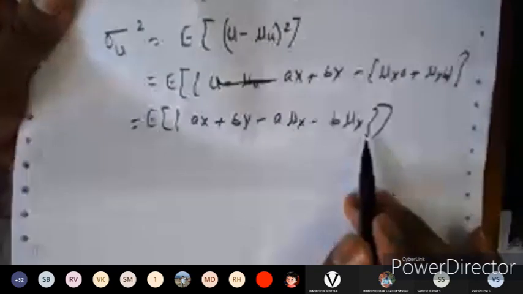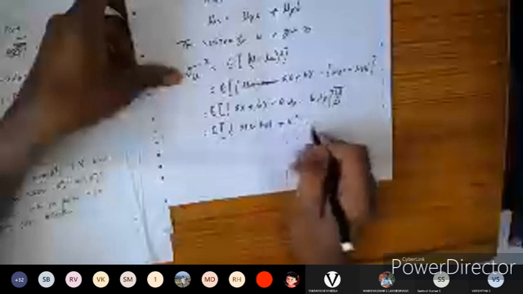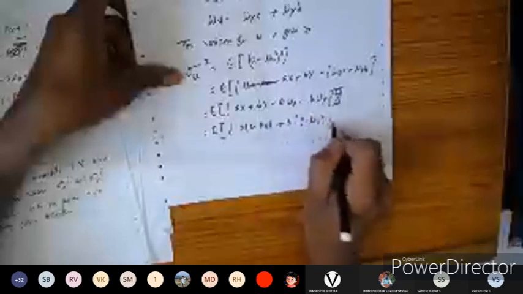Let us multiply the minus sign with all the terms here. We did that in the last class: ax plus by minus a into mu x minus b into mu y. Now let us separate the a terms: it is a into x minus mu x, plus b into y minus mu y.